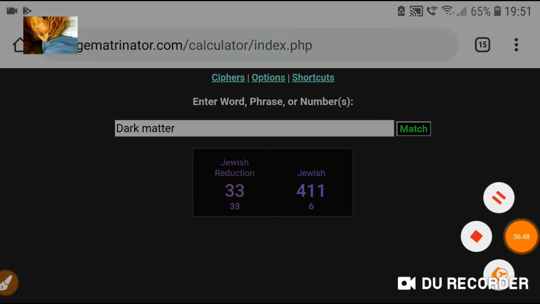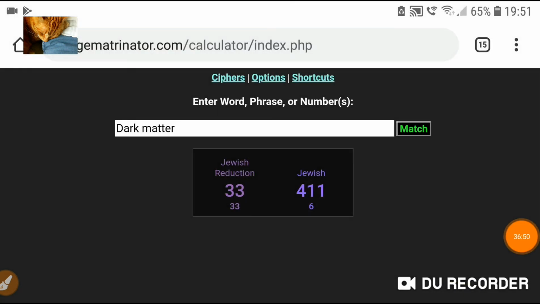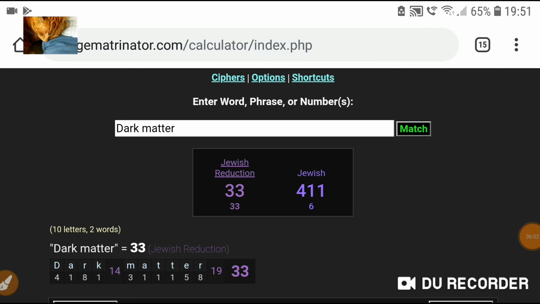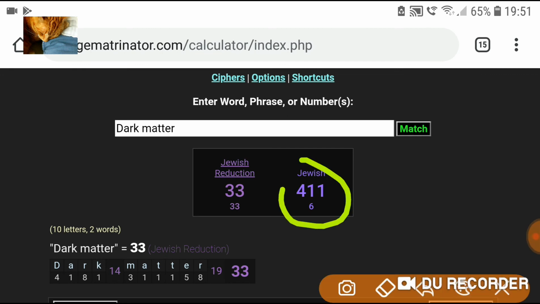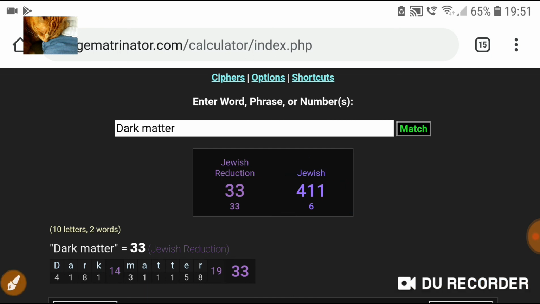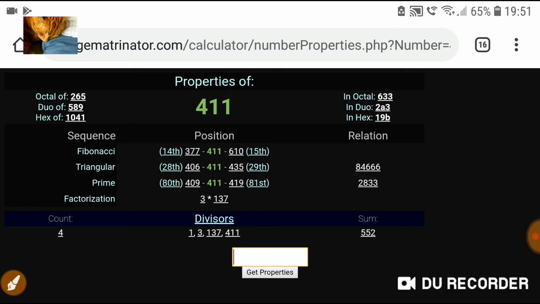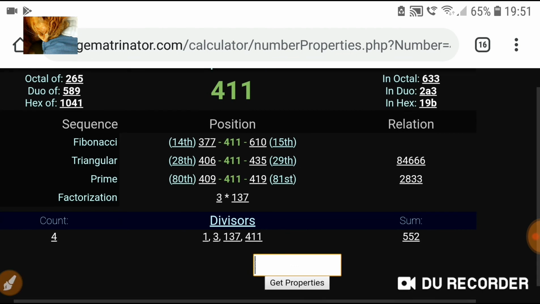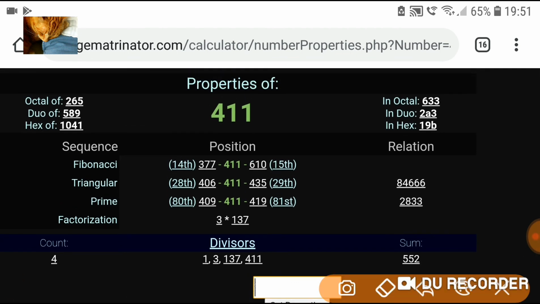Dark matter in the Jewish, reduced 33. Normal Jewish 411. That's 3 lots of 137 on the 33rd prime. See that? 3 lots of the 33rd prime there for 411.